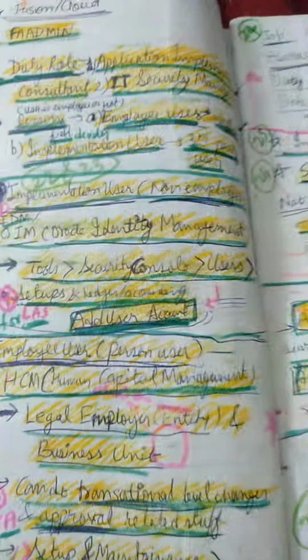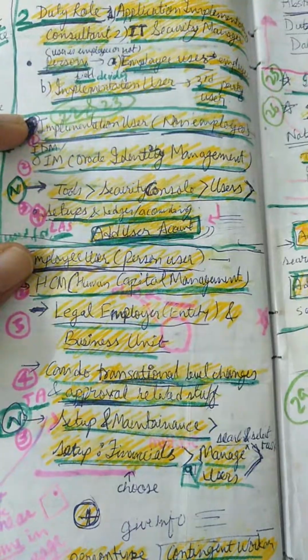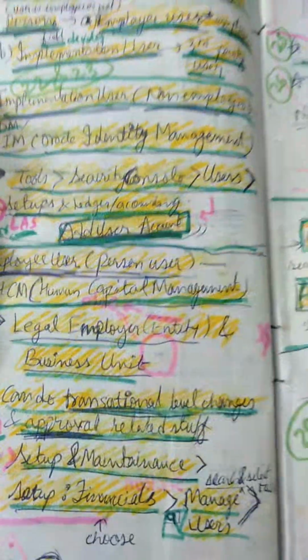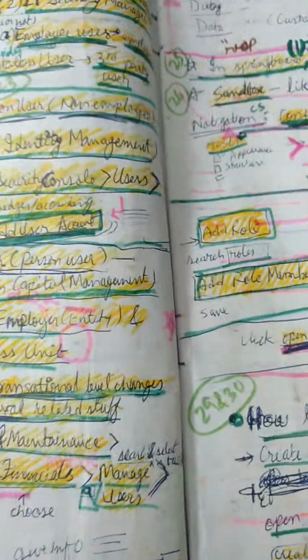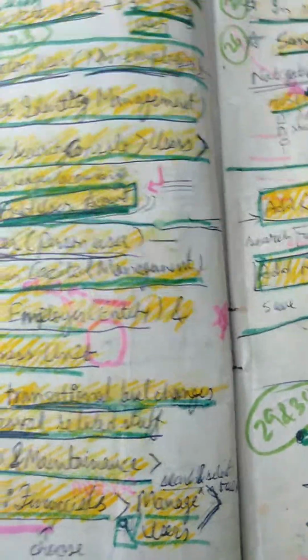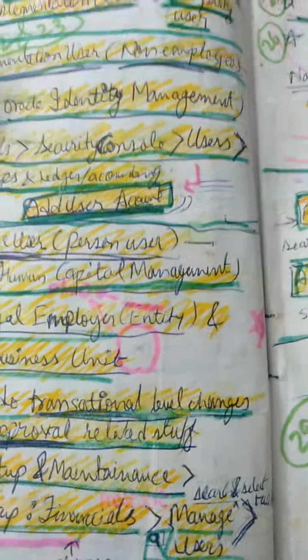Now how to create those? What is the difference between both? Employee and implementation users are two different things. For the person user, the person field is defined, whereas for the non-employee, the person field is not defined. So for an employee user, we can go to HCM, human capital management, and define it there.